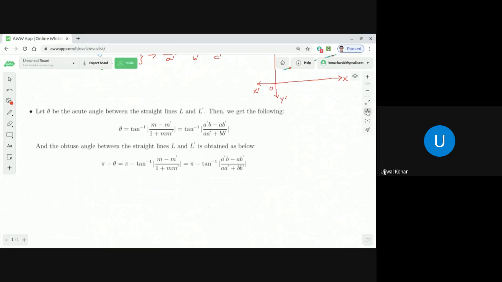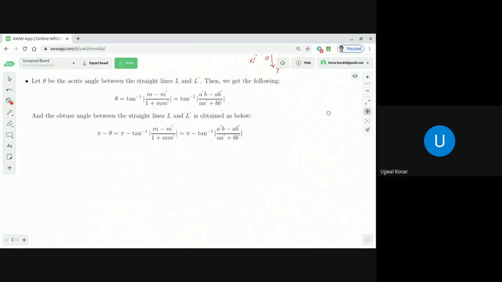So as you see, dear students, let theta be the acute angle between the two straight lines L and L dash. Let me first make a visual representation of these two straight lines, how it looks like.